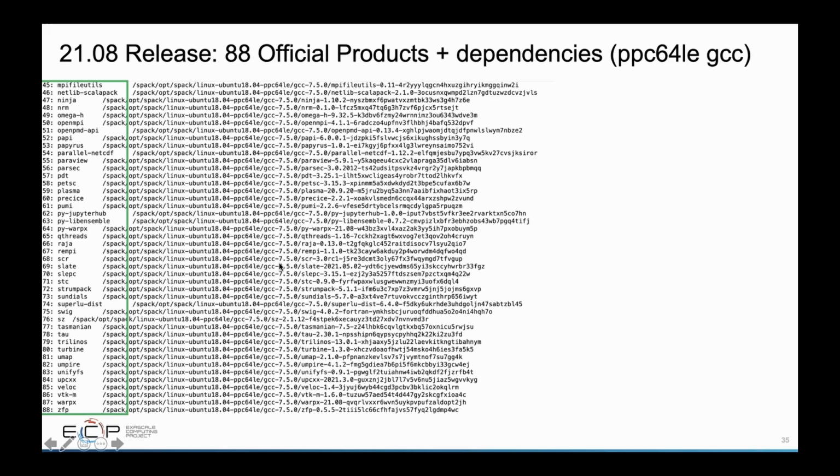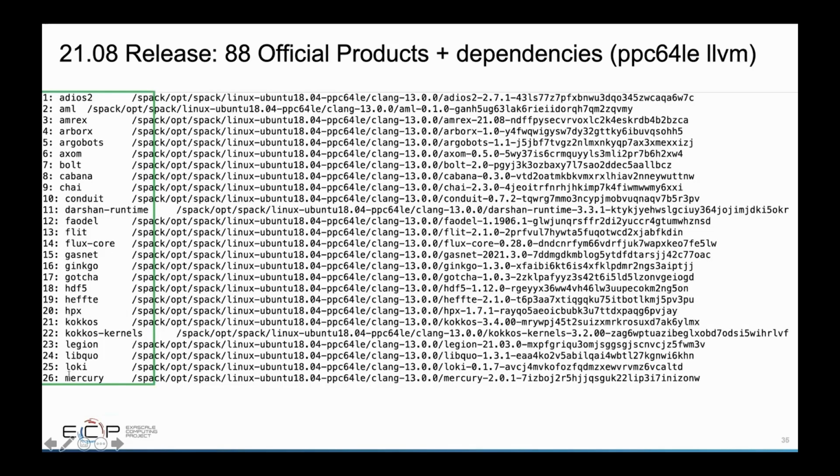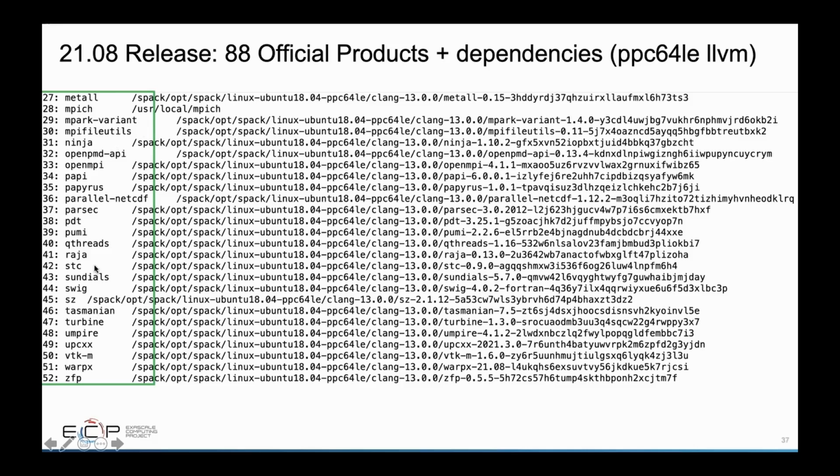We also have support for LLVM, the DOE fork of LLVM, which tracks the upstream. So you have Clang 13 support. You can see a number of packages that have been built with LLVM. So we also have GCC, LLVM, and other vendor compilers support. So here you can see MPICH, you can see tools like Turbine, VTK-m, and these are built with LLVM for PPC64LE.